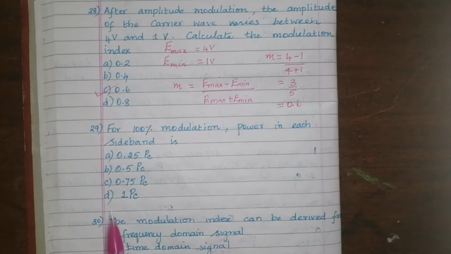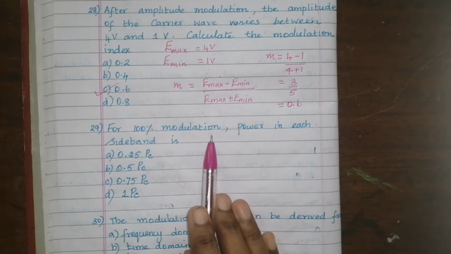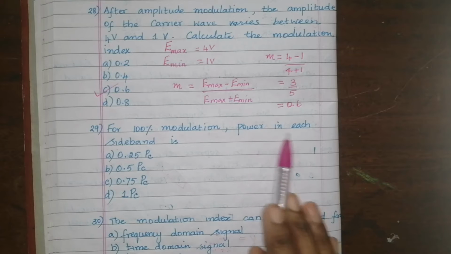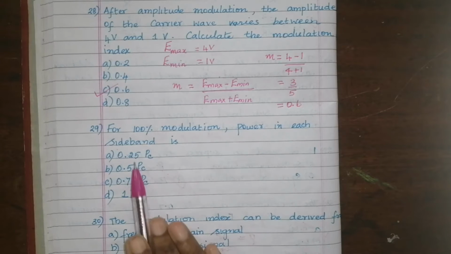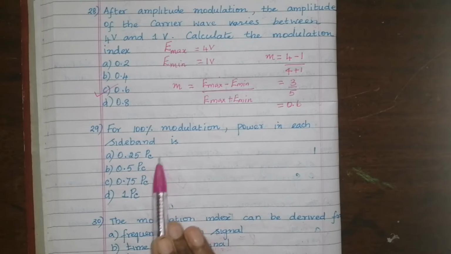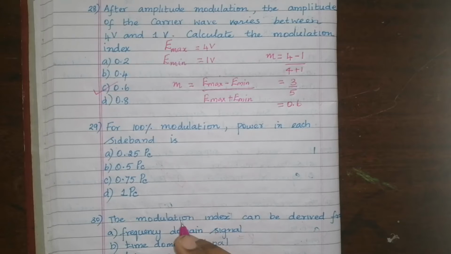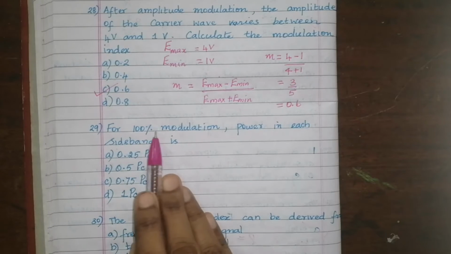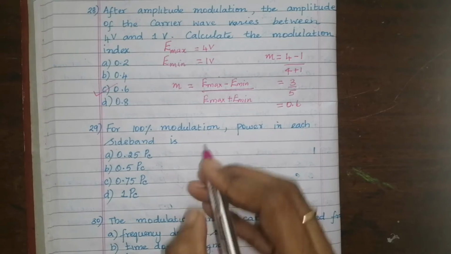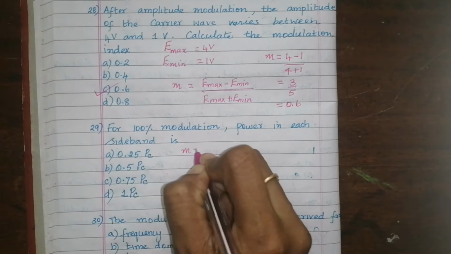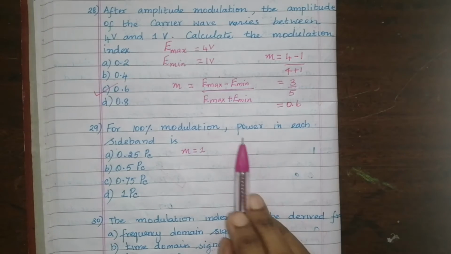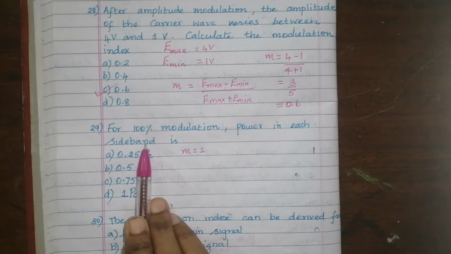Next question is, for 100% modulation, power in each sideband is. The options are 0.25 PC, 0.5 PC, 0.75 PC and 1 PC. What is given in the question? Modulation index is given. For 100% modulation, M will be equal to 1. And we have to calculate the power in each sideband.